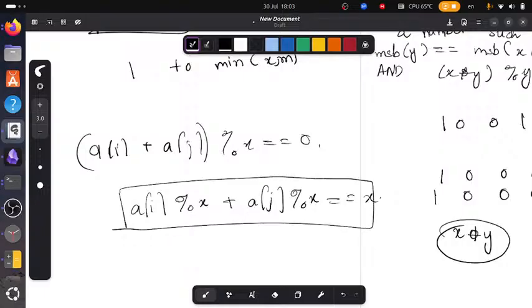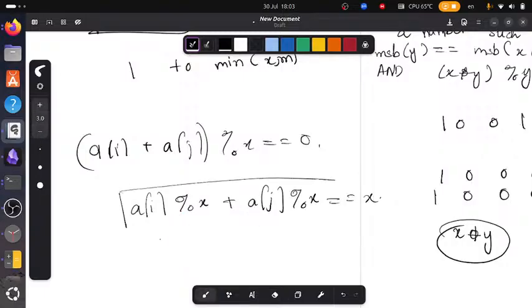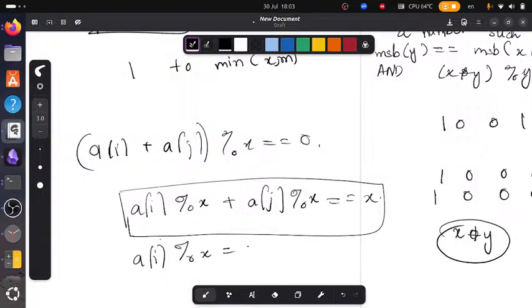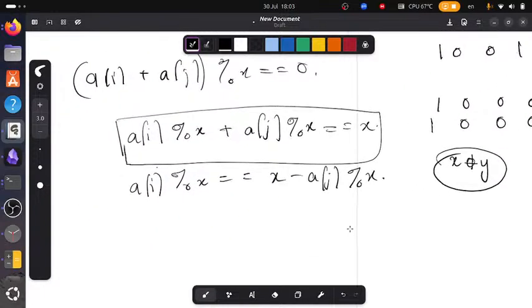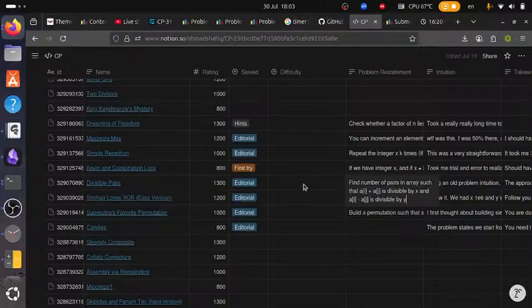So this was one thing. So a of i modulo x was supposed to be equal to x minus a of j modulo x. I remember this problem. It was a good problem.